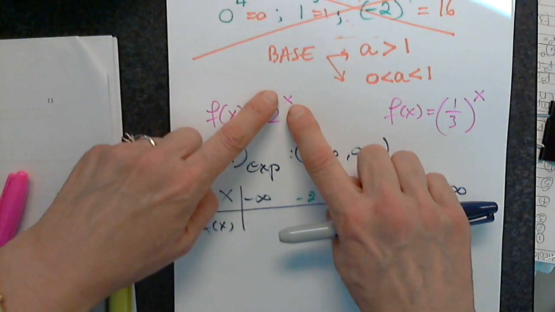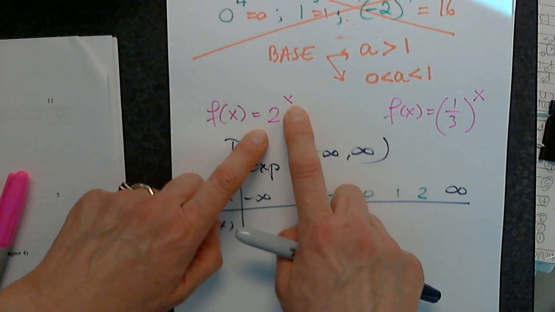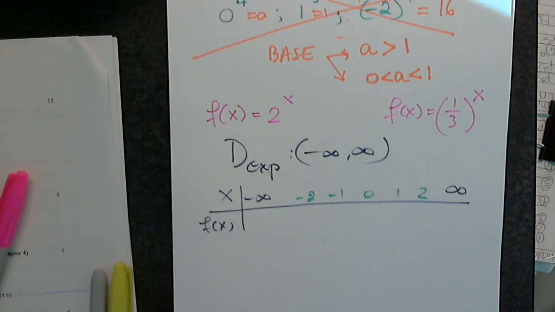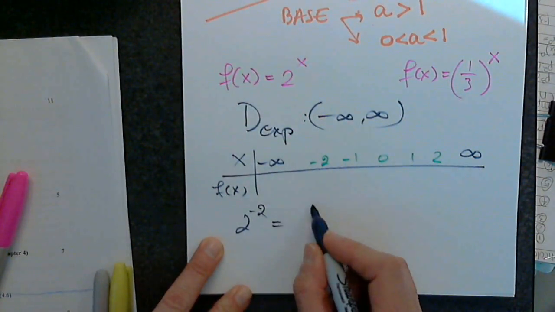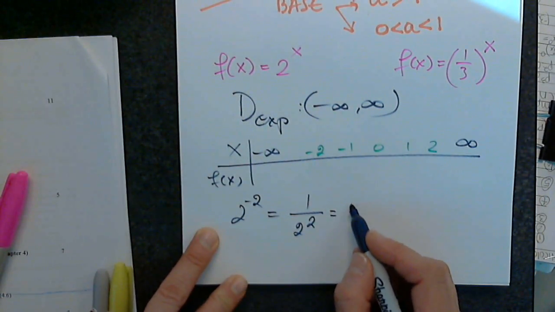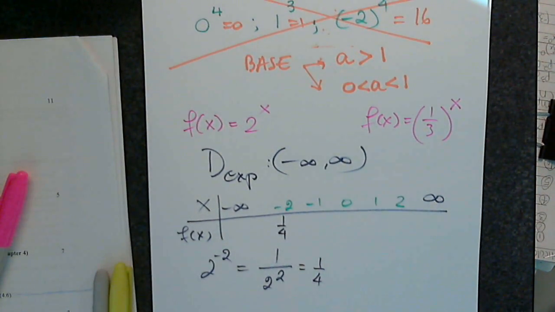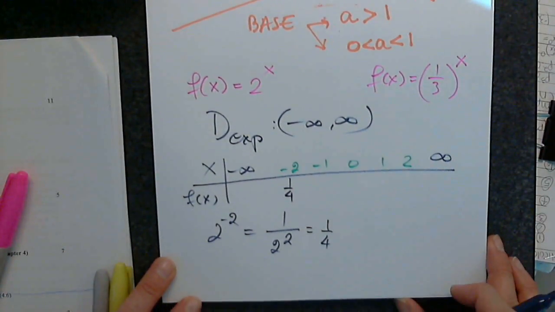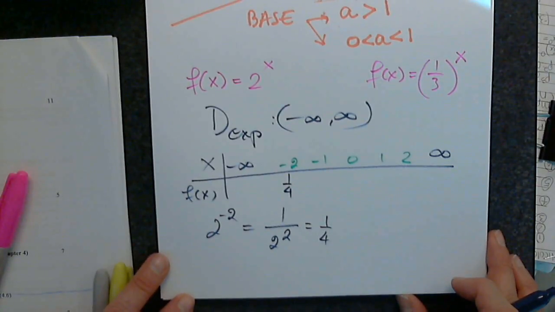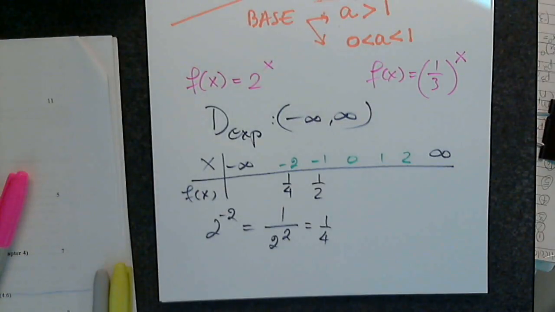Let's plug in -2 here in the function so I can find the y value. 2 raised to -2 is 1 over 2 squared, which is 1 over 4. Very good. Let's plug in -1. Very good. Let's plug in 0.